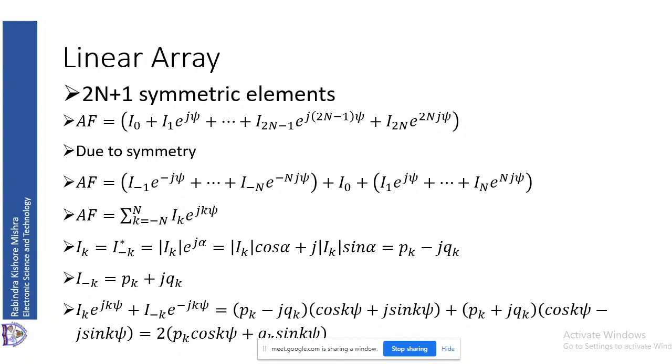I will be left with a real number, which will be 2 times pk cos k psi plus qk sin k psi. So ik exponential jk psi plus I minus k exponential minus jk psi is equal to 2 times pk cos k psi plus qk sin k psi. Now the moment I write this in this form, you can easily remember the Fourier series expansion.